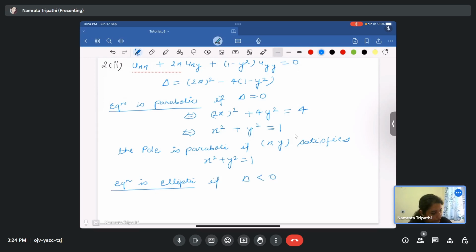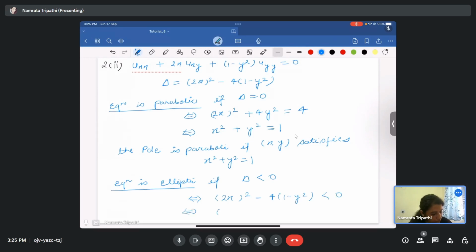Less than 0. Fine. If and only if (2x) whole square minus 4 times (1 minus y square) less than 0.